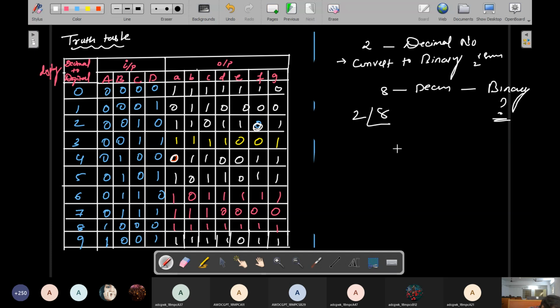Every number is divided by 2 only, that is what binary conversion is. 2 4s are 8, exactly divisible, so the remainder is 0. 2 2s are 4, exactly divisible, 0. Then 2 1s are 2, exactly divisible, 0. So you will get 1 0 0 0.